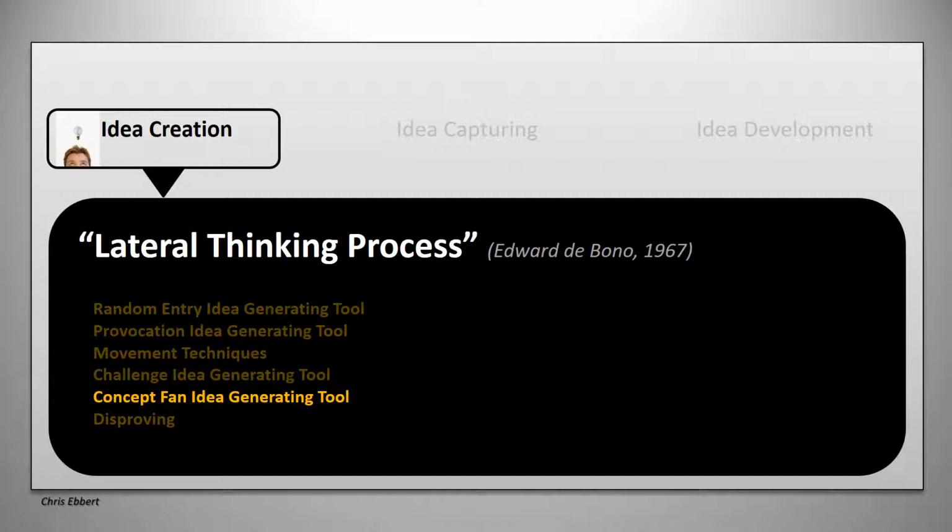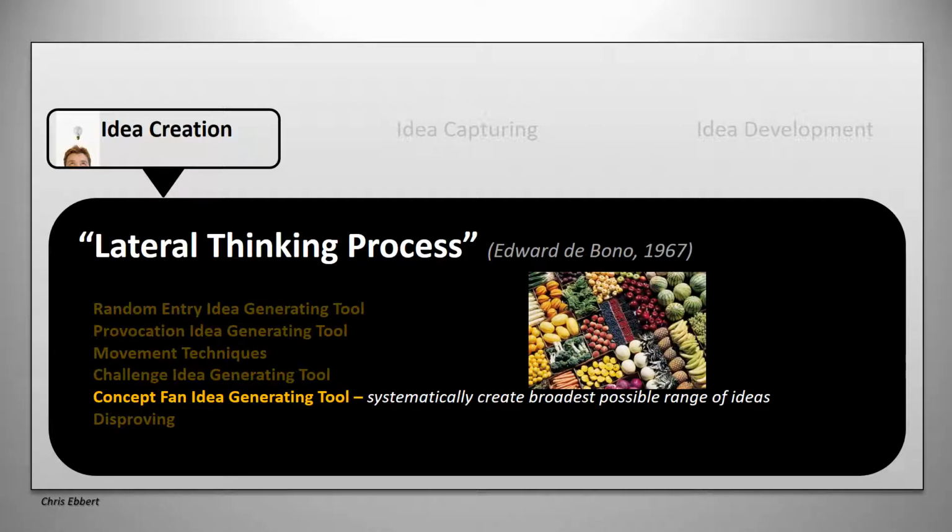You could create a concept fan, which means you systematically create a very wide range of ideas, like a fruit basket, right? So you make yourself create on purpose completely different solution proposals to the same problem.